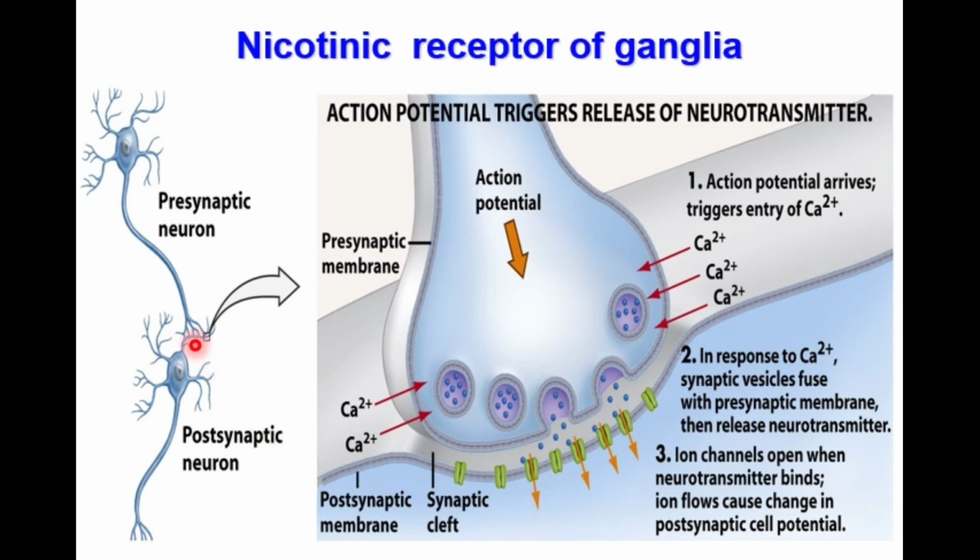Action potential moves down the postganglionic axon. The released acetylcholine is hydrolyzed within 1 millisecond by acetylcholinesterase. So a presynaptic action potential produces only one postsynaptic action potential.